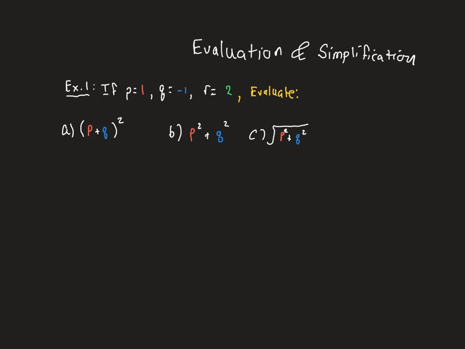So when the question is asking evaluate, they are basically asking you to find out what the final answer is. Now, there's a reason why I use different colors for all these letters, and that's basically because when you're trying to evaluate, especially when you have letters, your first step, so I'm going to write them here in the corner.